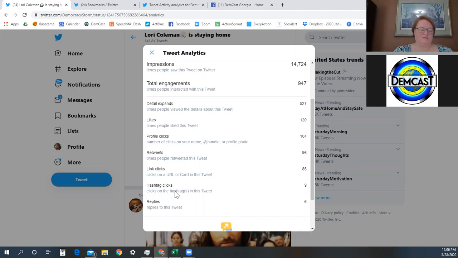Also, the people who have clicked on the hashtag. So they're looking for other tweets that have something to do with this as well, potentially to see what other people are saying about it.